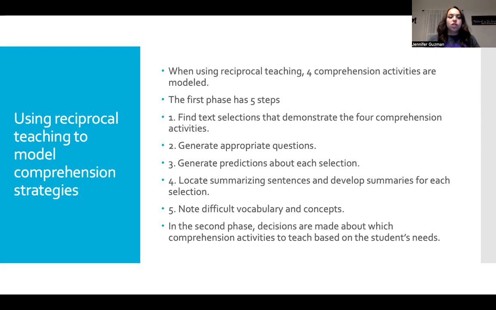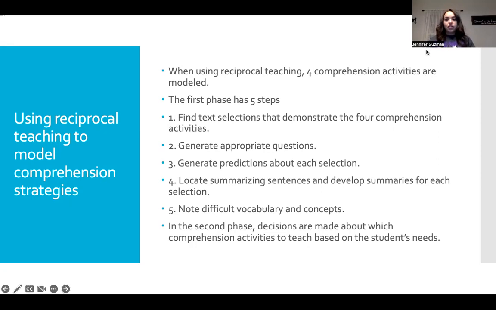Using reciprocal teaching to model comprehension strategies. When using reciprocal teaching for comprehension, the activities modeled in the first phase have 5 steps. Number 1, finding text selections that demonstrate the 4 comprehension activities. Number 2, generate appropriate questions.